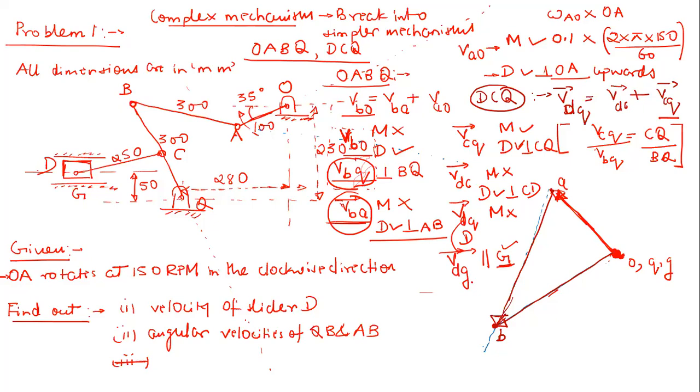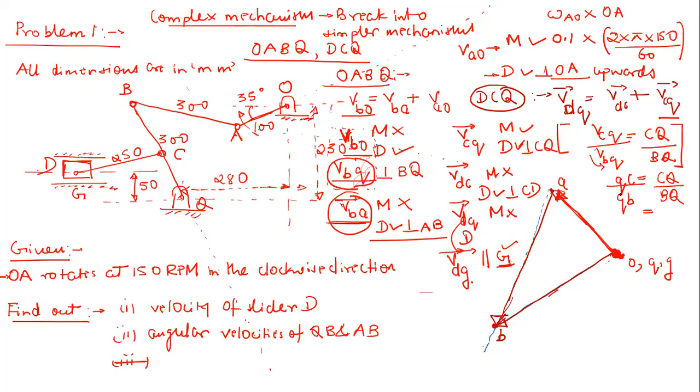Now let us move to this. First of all, let us locate this point C. How to locate this point C? This is very obvious. This point C can be found by this relation, that QC by QB is equal to CQ divided by BQ. Now what is the value of CQ? Is it given to us? Let me check.